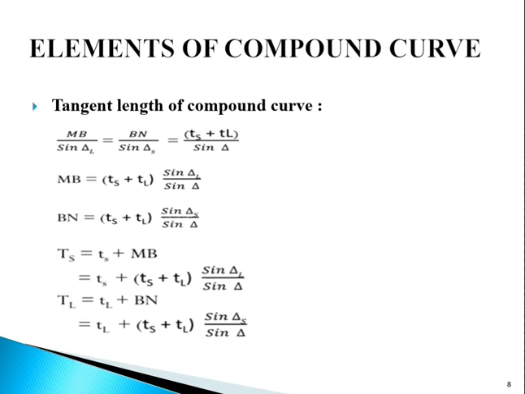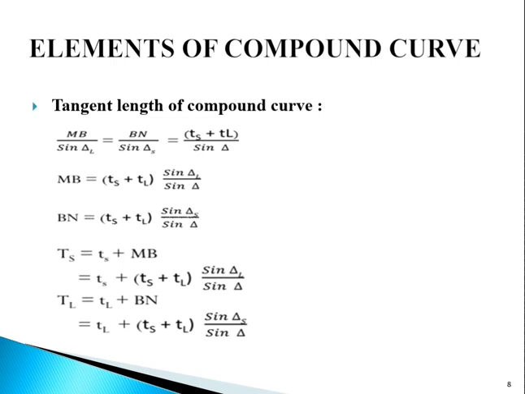If we require the value of MB, it is given by (Ts plus TL) into sine delta L divided by sine delta. If we require the value of Bn, it is given by (Ts plus TL) into sine delta S divided by sine delta. So capital Ts will be given by Ts plus MB.